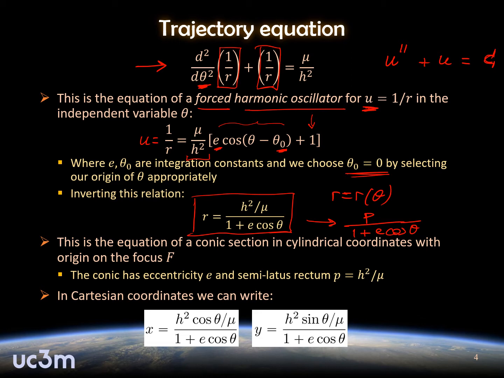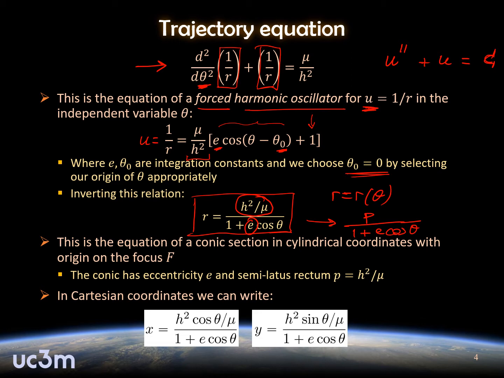So by analogy, we identify the numerator here with the parameter of the conic, p, the semilatus rectum, and the e that we had introduced before as an integration constant, we see that it is actually the eccentricity of the orbit. So we had already given that name intentionally. This is therefore a demonstration that the first law of Kepler is true.